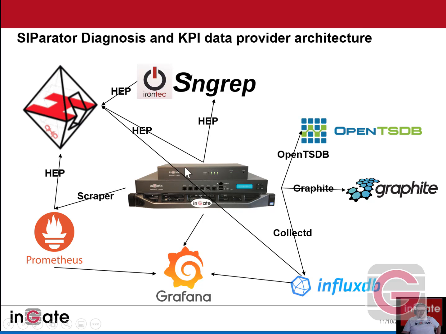So this is a quick diagram trying to show how the interoperability works. I selected a few of the existing platforms that you can use in order to manipulate such time series data, data repositories or databases: OpenTSDB, which is an existing platform, Graphite, InfluxDB, which is a database, Prometheus that I already mentioned, and even Homer, which can be used for a real-time capture application.